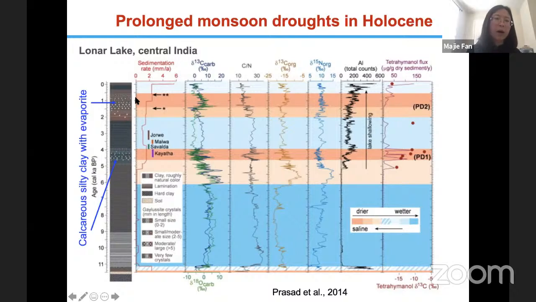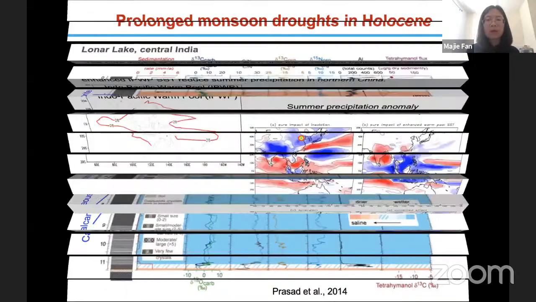This lasted for a little bit over 1,000 years, and this was called the prolonged monsoon drought in the Holocene. So I would think that each of these drying periods, each of the data points in our record, can be analogous to these Holocene dry events in monsoon climate.